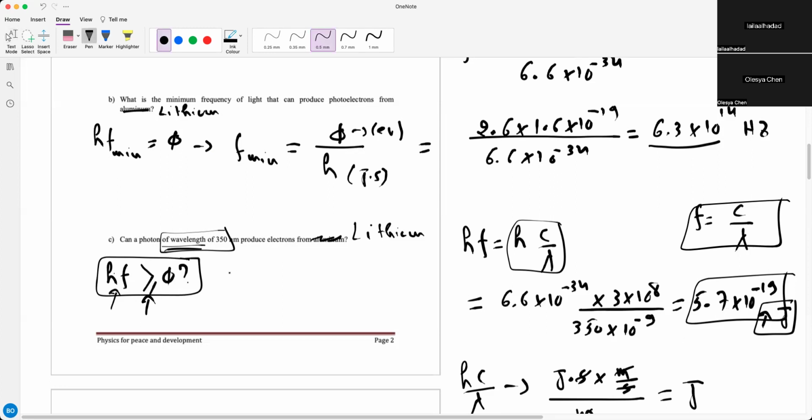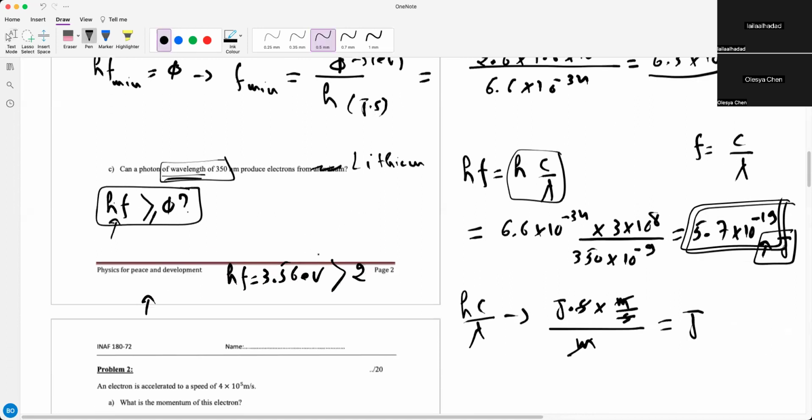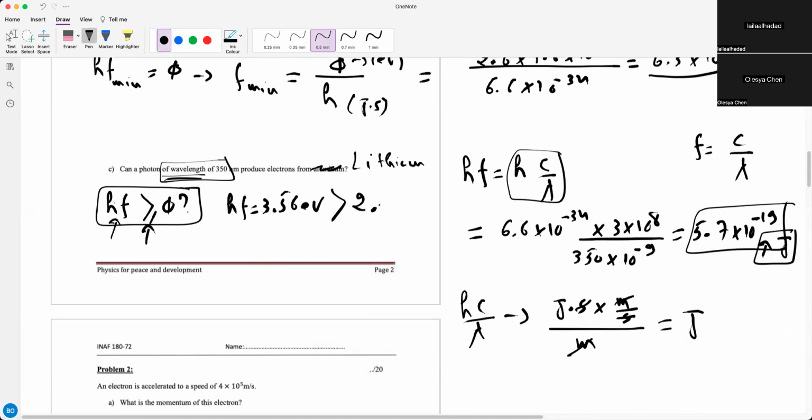So hf will be equal to 3.56 electron volts, which is bigger than 2.6. Are you following, please? Did you understand what I did?